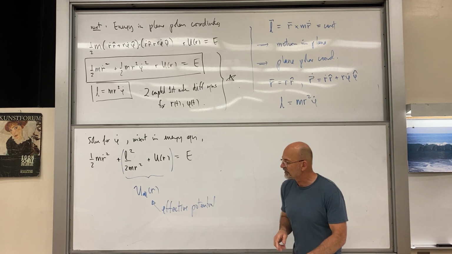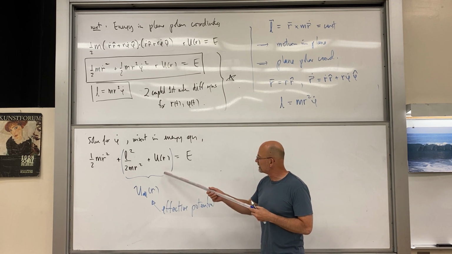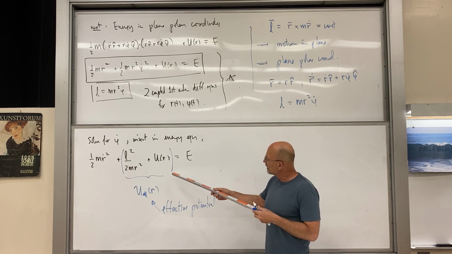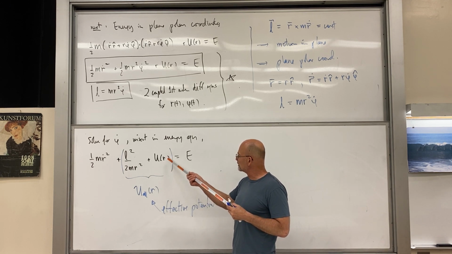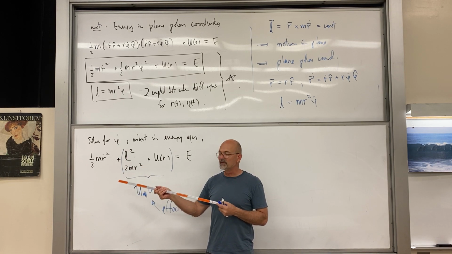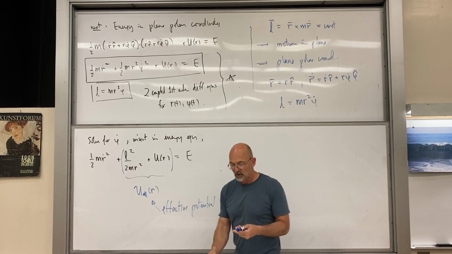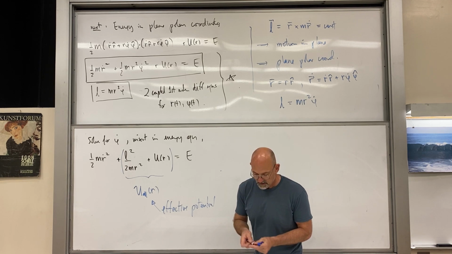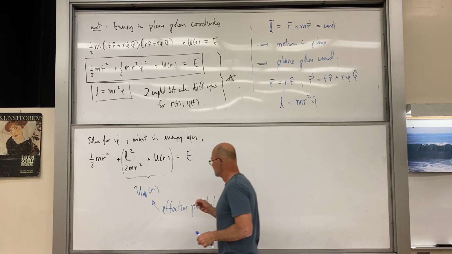And the first time people see this, they're sometimes a little confused by it. But what we've done here is just turned this into a formal 1 degree of freedom problem of the type that we solved earlier.